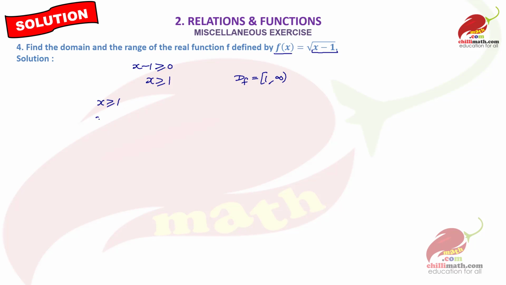If we bring it to that side, x minus 1 is greater than or equal to 0. Taking square root on both sides, x minus 1 is greater than or equal to 0. This is our f(x). So we can see this f(x) can never be negative, it will be only positive. So range is equal to 0 to infinity. That's your answer.